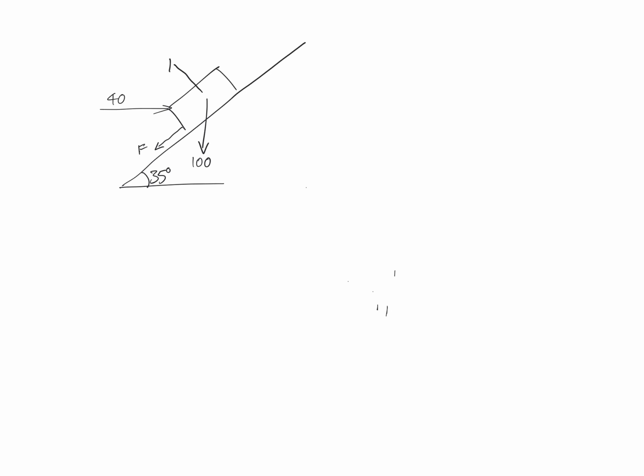Oh no, maybe not, because there's a reaction force here. Well, let's try it in this direction and see what the maths brings out. The maths might tell us that I get a negative friction.